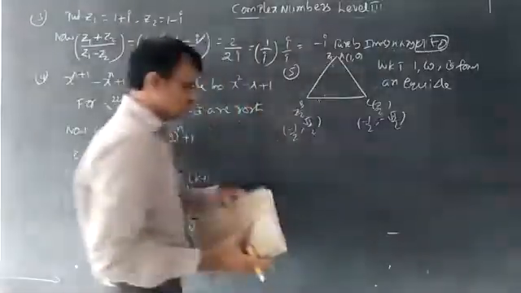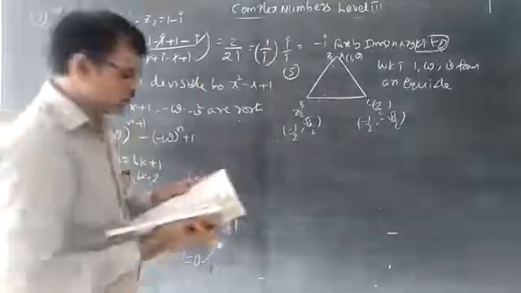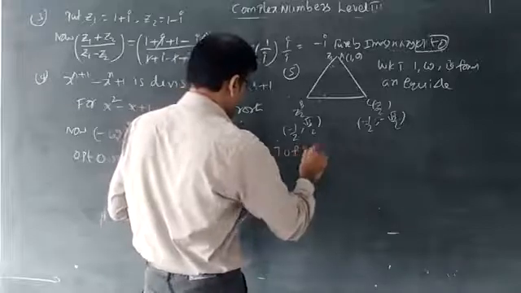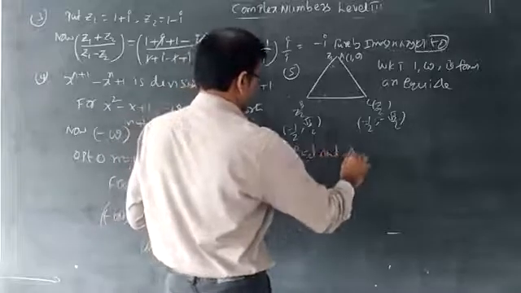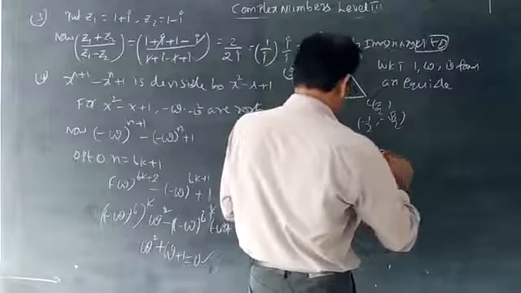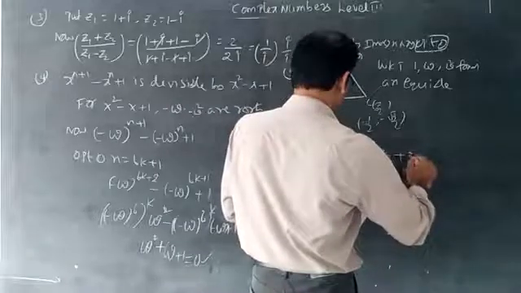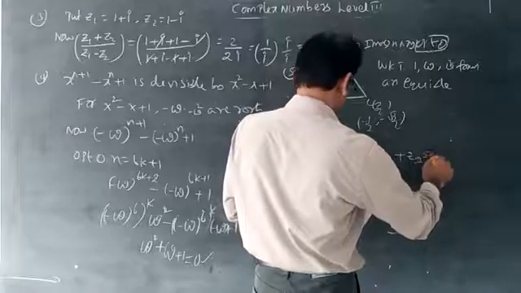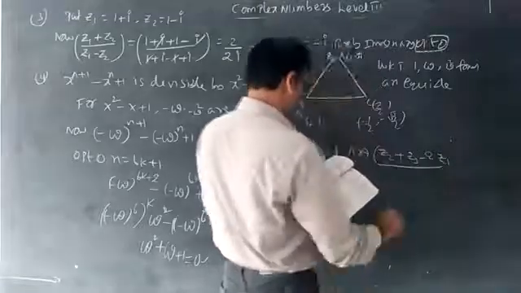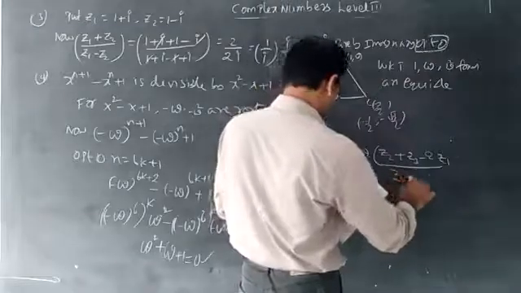Now what he is asking is to find the argument of (Z2 plus Z3 minus 2Z1) by (Z3 minus Z2).